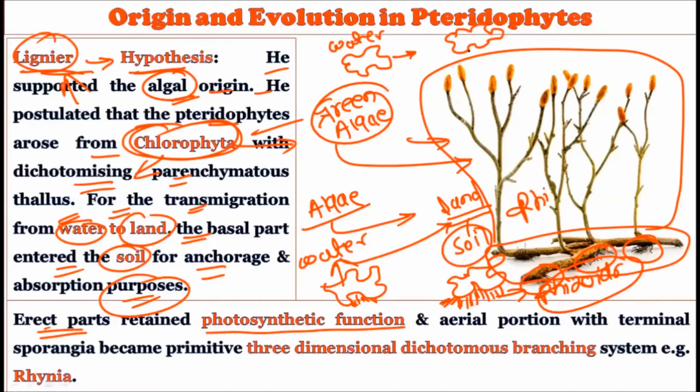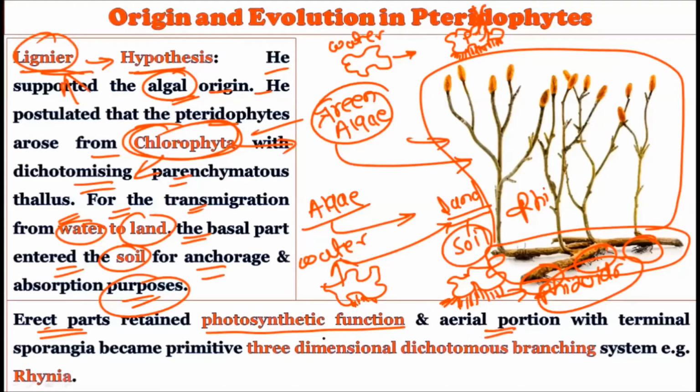Now when it transmigrated to the land, it required a special structure to anchor to the soil. So it developed rhizoids from the lower parts, while the upper portion, which is the photosynthetic portion in the algae as well, this erect part retained the photosynthetic function and got erected like this. It retains the photosynthetic function of the thallus.